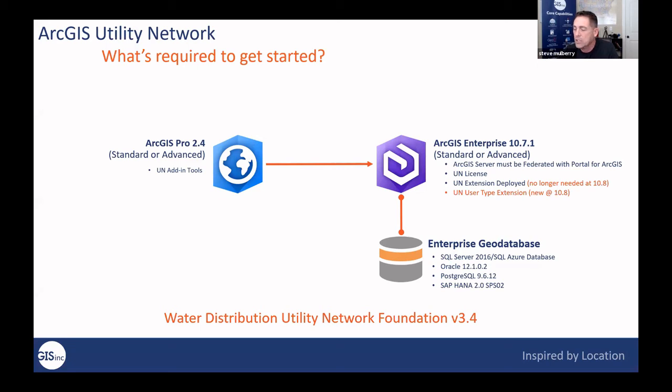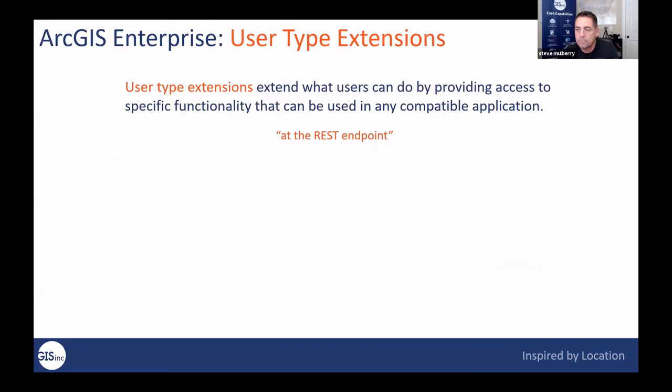and running. So let's talk about this new user type extension. What does that really mean? Esri has introduced this starting at 10.8, and it's a way to allow Esri to extend what users can do by providing access to very specific functionality with specific applications at the REST endpoint.